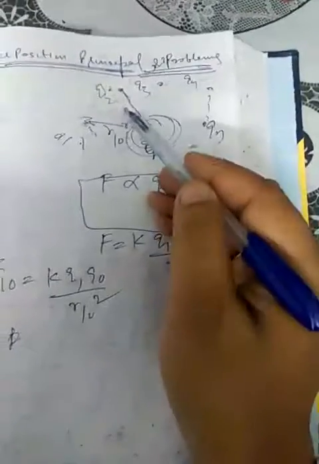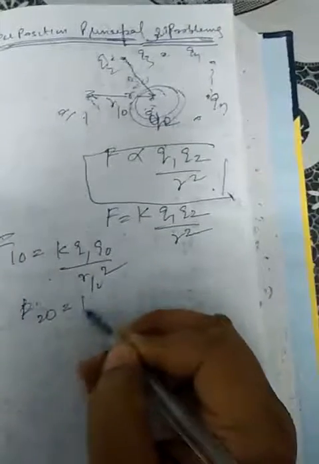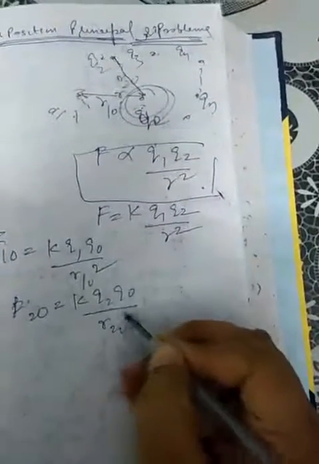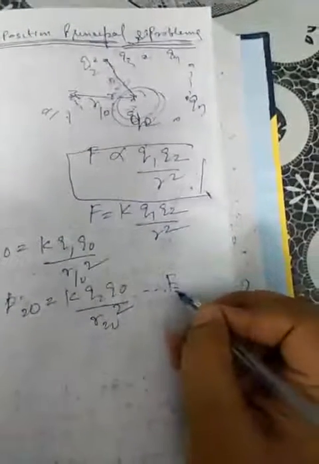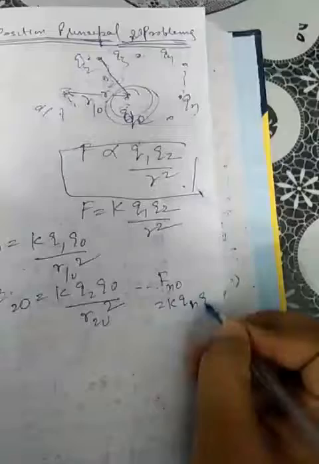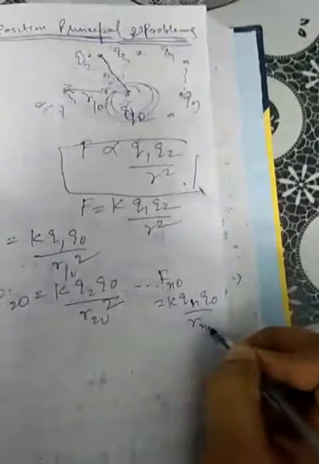Now the second one, at distance R2 naught, gives F2 naught equal to K Q2 Q0 upon R2 naught square. Similarly, up to Fn naught, which is K Qn Q0 upon Rn naught whole square.